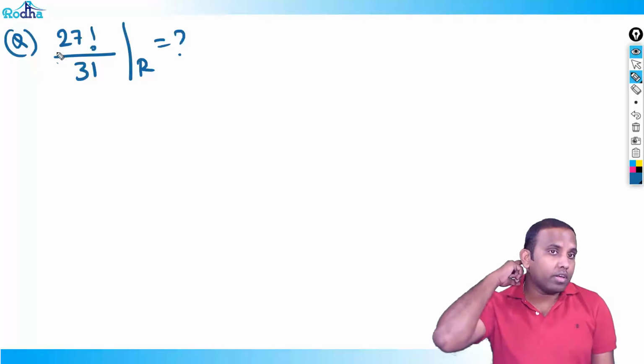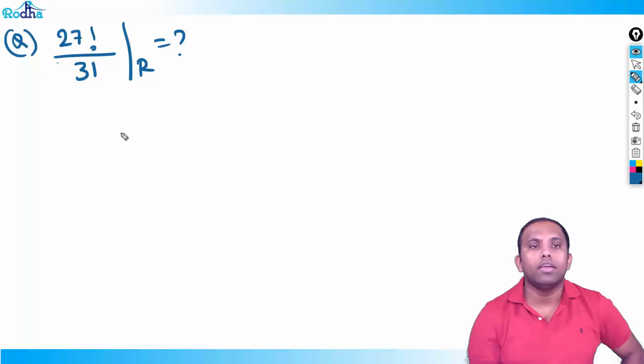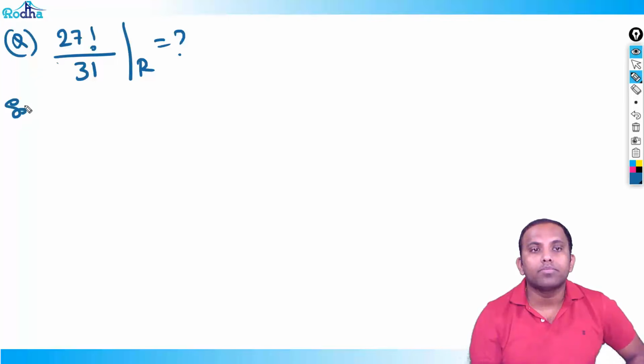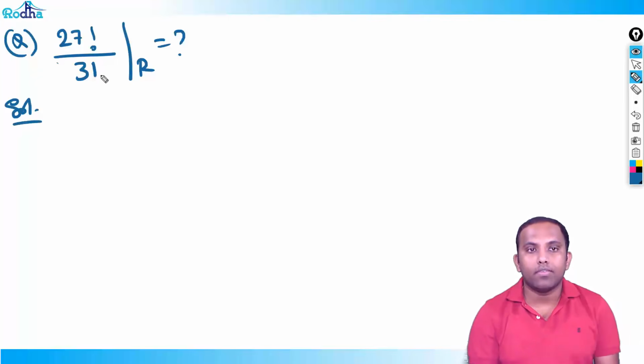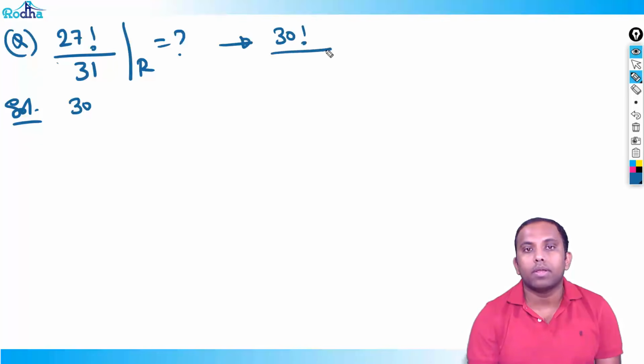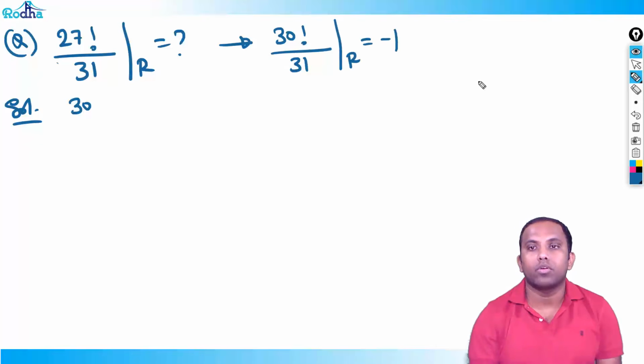What we can do here is use the logic instead. So how do we use the logic here? See, 27 factorial by 31, it is a remainder. I know that 30 factorial by 31, that remainder is minus 1.